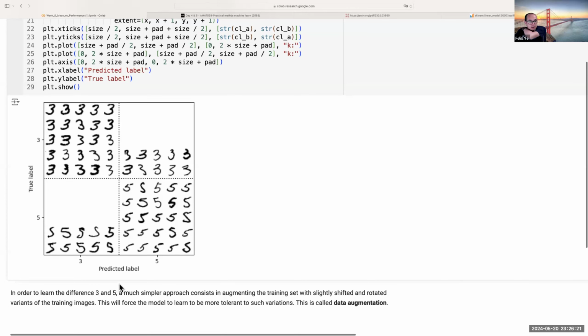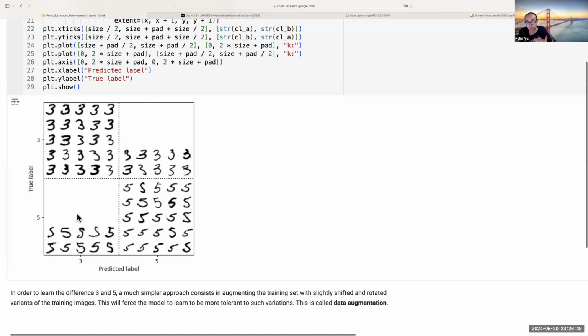And you can see right here, 3 and 5 is the most difficult part. So that means we might need to think about augmenting the training set by rotating or shifting the data such that we can include more training data. In other cases, 70,000 may not be enough.